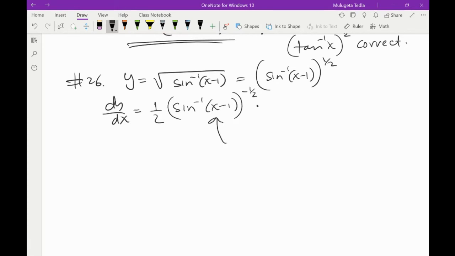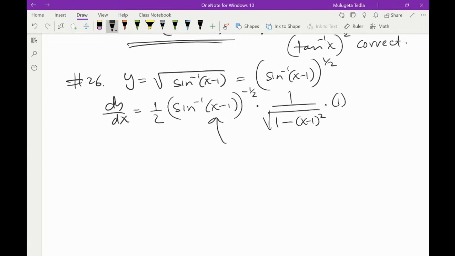Times the derivative of the inside, which is 1 over the square root of 1 minus the angle (x minus 1) squared, times the derivative of the angle, which is 1 in this case. So let me repeat.